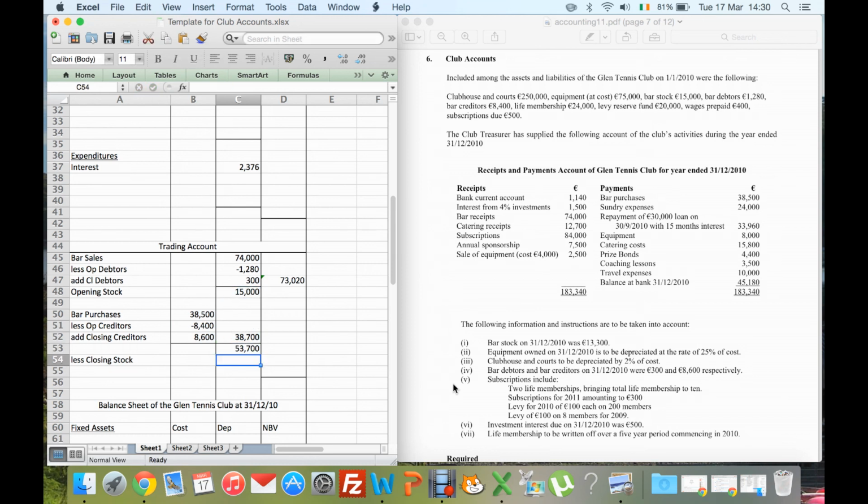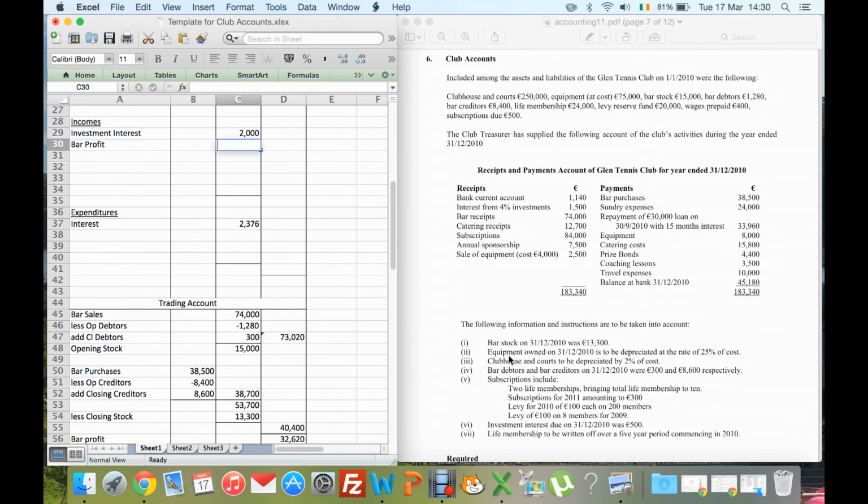Now closing stock is what's left over, so 13.3. So that means our bar profit is that. So 32,690. So I put that there with our incomes.